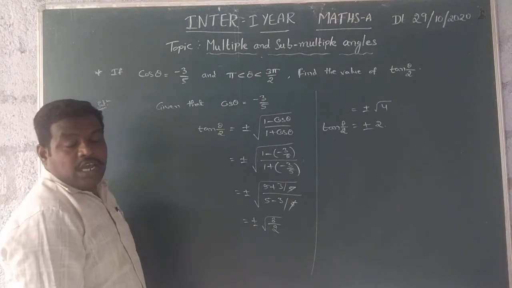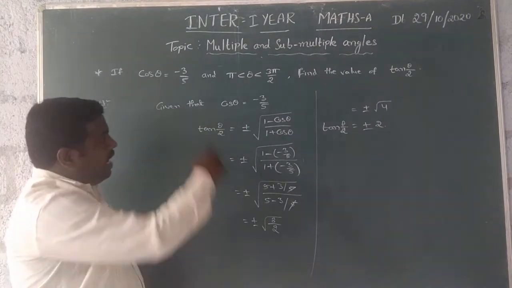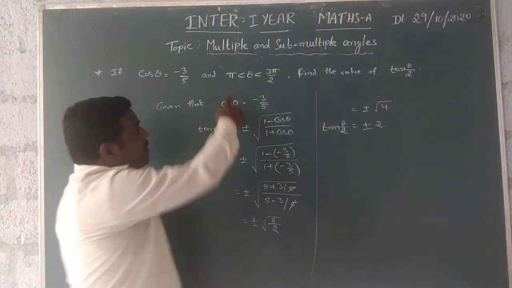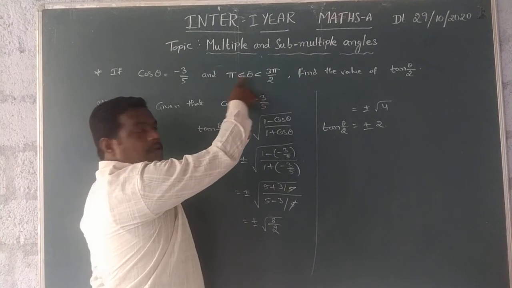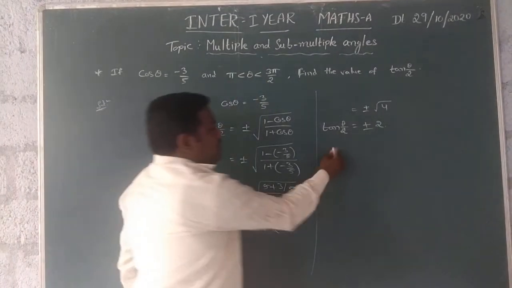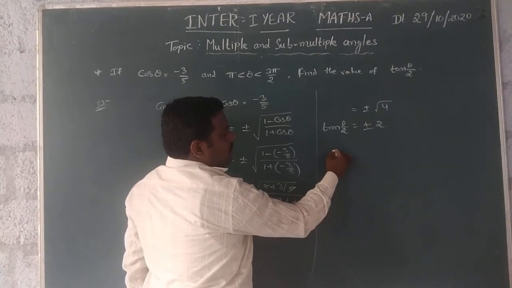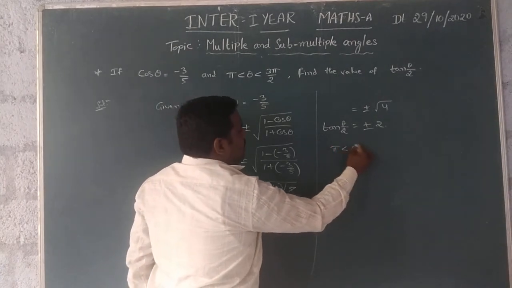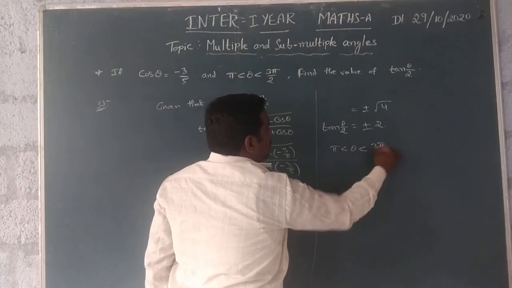So here we can take either plus or minus, but the angle theta lies in which quadrant? Angle theta is in between 180 and 270, so pi less than theta less than 3 pi by 2.